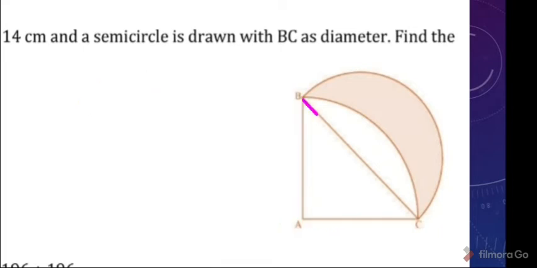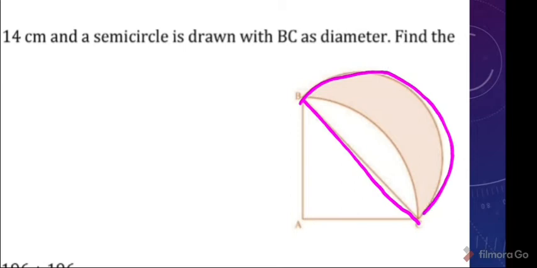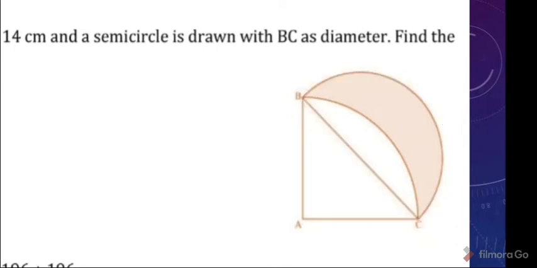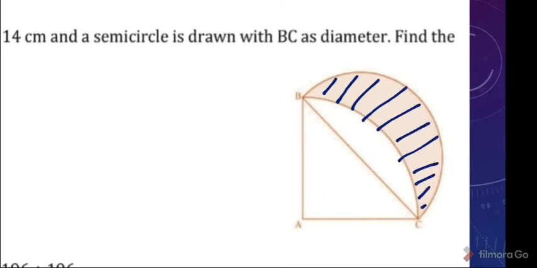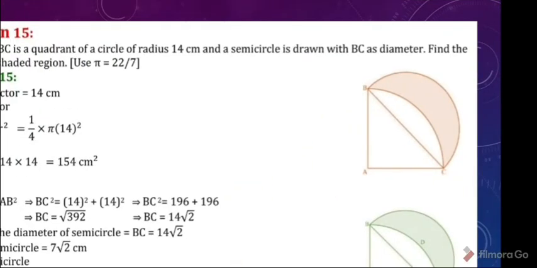Now taking BC as diameter, there is another semicircle. You have to find the area of this shaded portion. This is the given condition. Now let's check the solution.